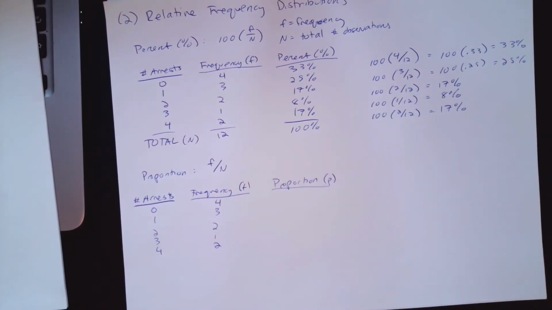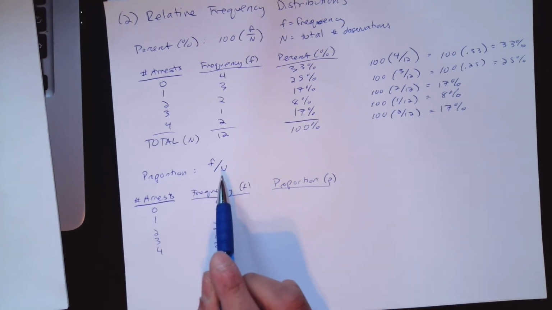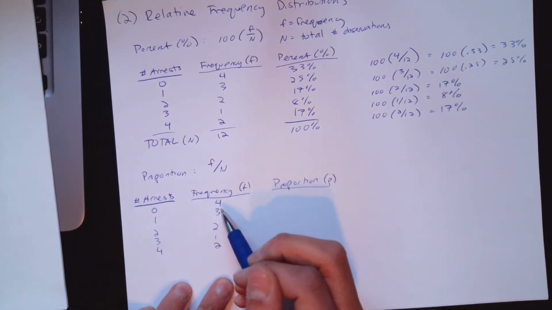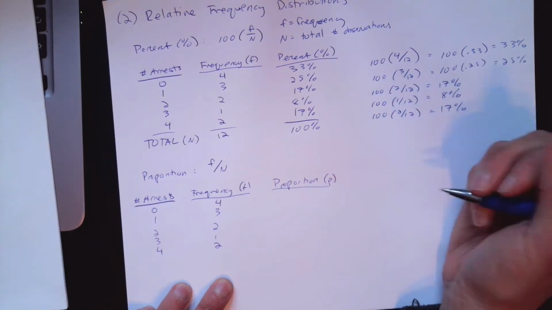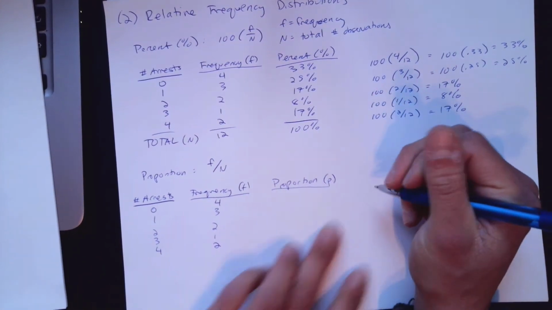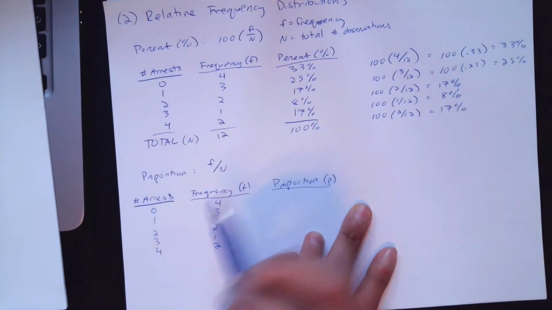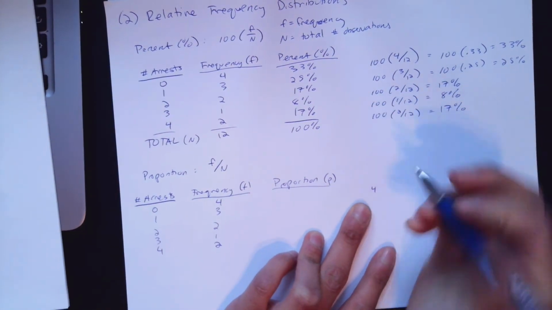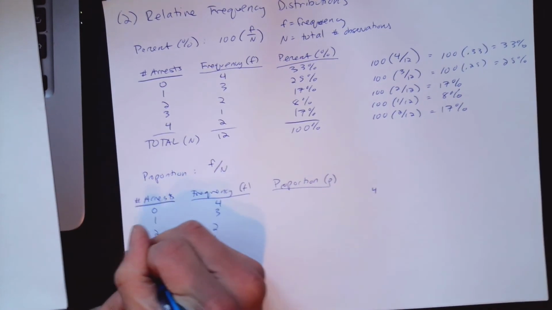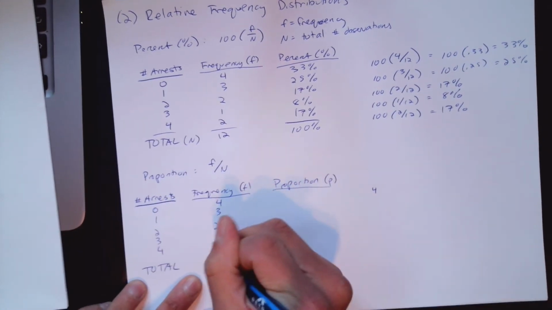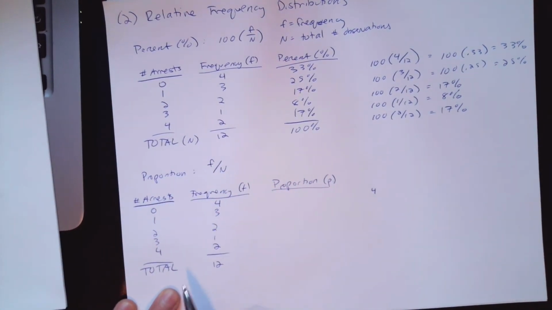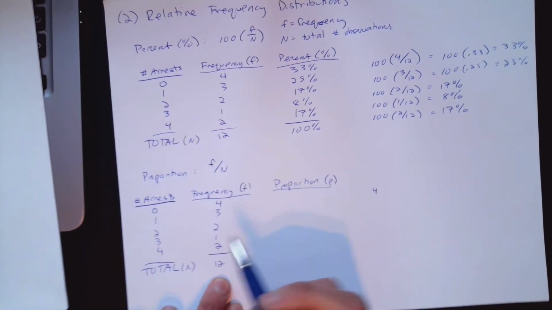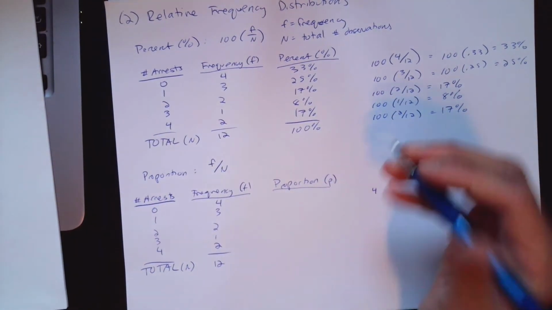Now for the proportion, we're going to be using this proportion formula. So to find the proportion of people in our sample who had 0 arrests, we're going to plug in f and n, and our f, or frequency, for 0 arrests is 4. Our n is the same as it was before, so our total, or n, is going to be 12, because we have 12 people in our sample.